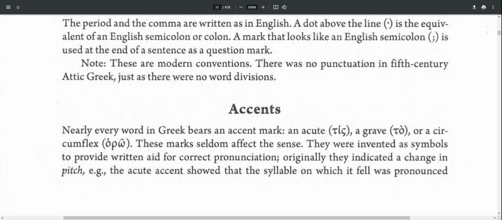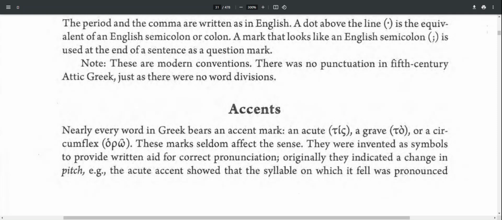The grave is used only at the end of words, when you have a word that has an acute accent mark but is followed by another word, so it's not so strong. So it becomes a grave.